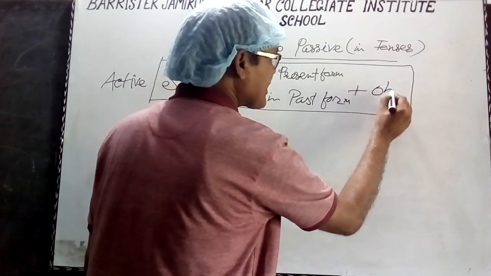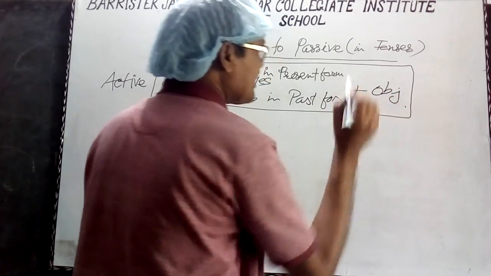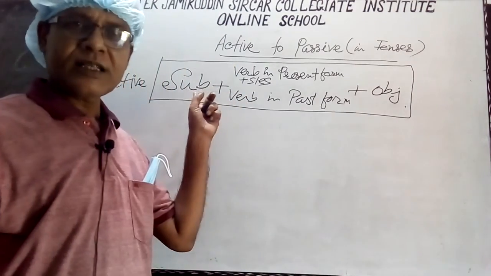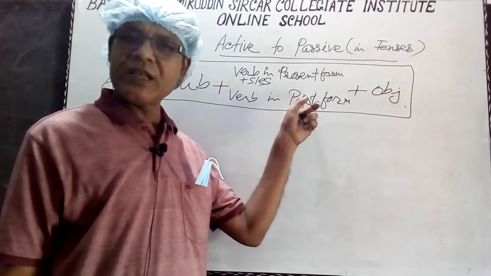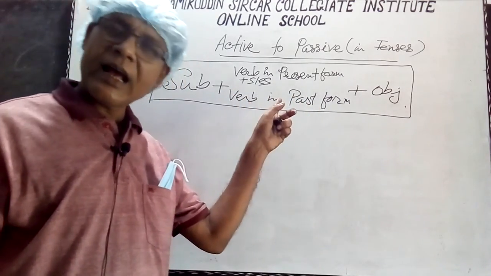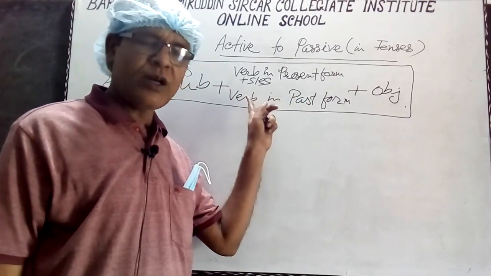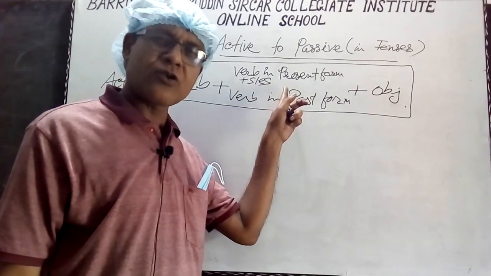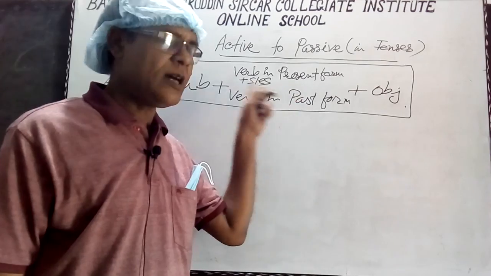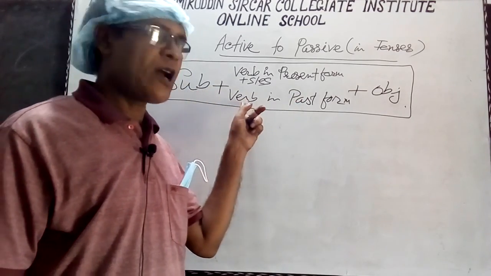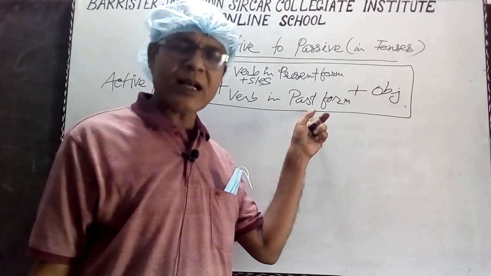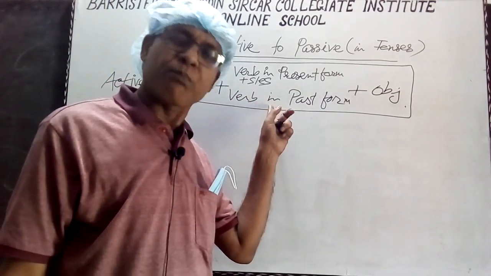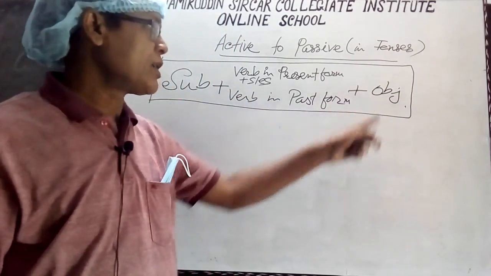Then object. When the verb after the subject is in the present form, or takes s or es, then we must know it is present indefinite tense, active voice. And if the verb is in the past form, then we must know it is in the past indefinite tense. And then object.